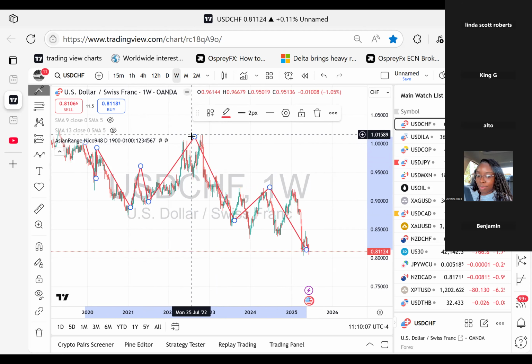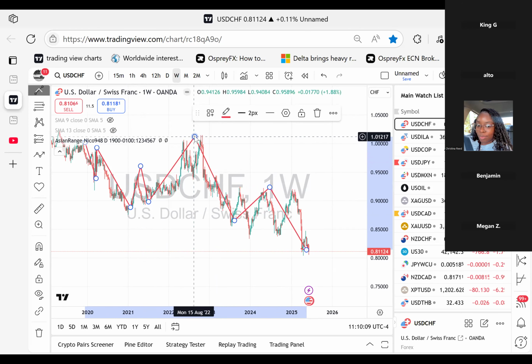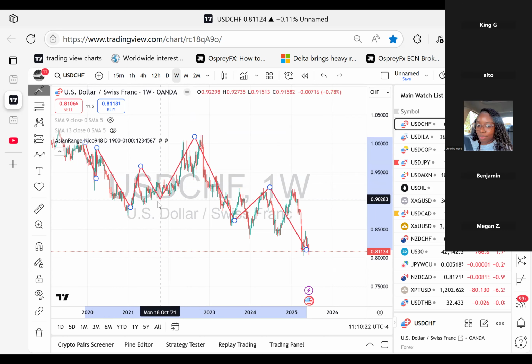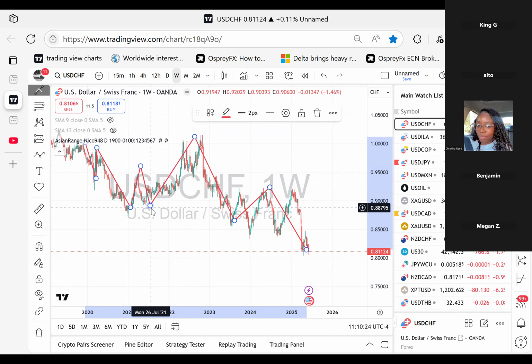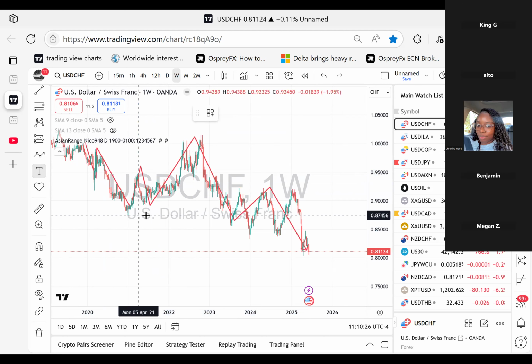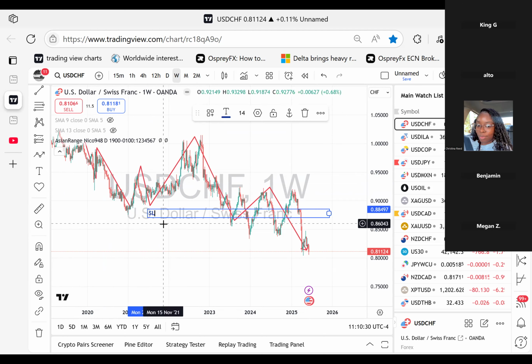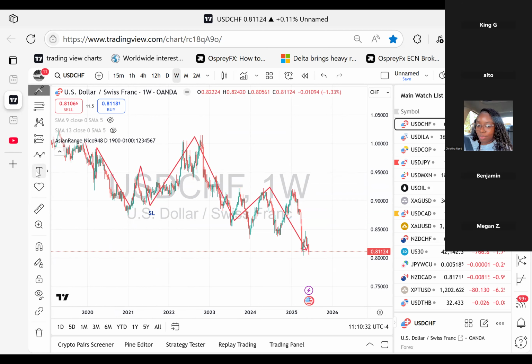This new high would be the swing high, and this would be the swing low. Does everybody understand that? Yes. Okay, so this is the swing low. And this is our swing high.